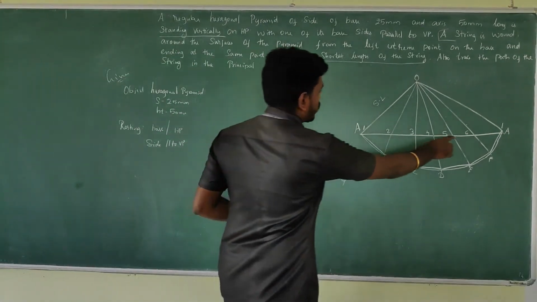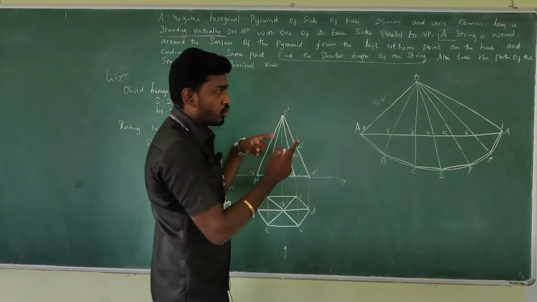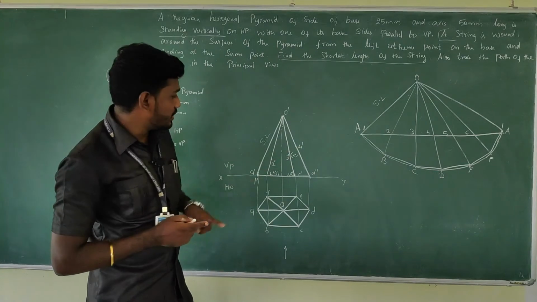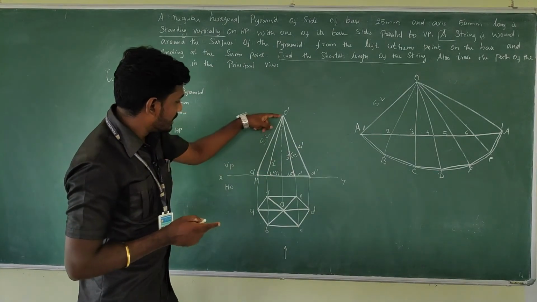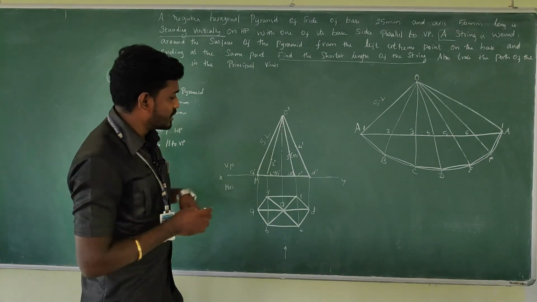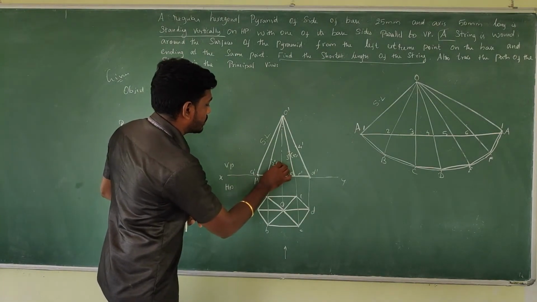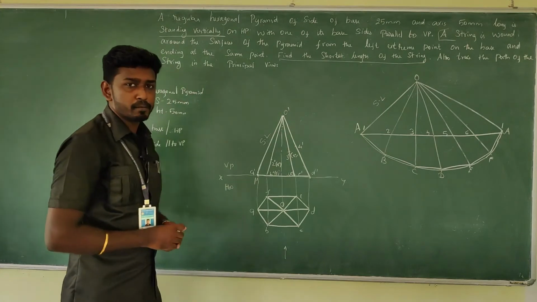What about the 6th one? Take the measurement O to 6, and O to 6 is between the O to F edge. O to F edge is here. It's an invisible edge. So near 2, open the bracket and write 6 dash.